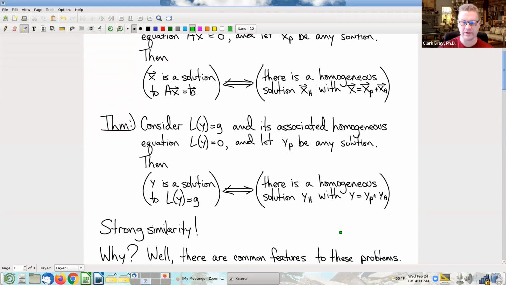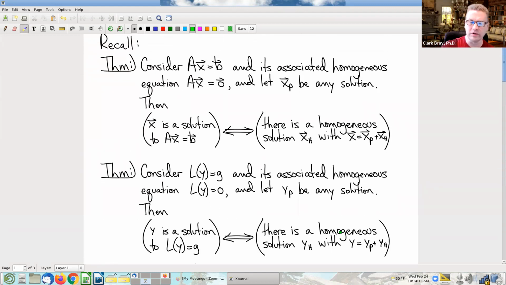So going back up here to see what we're talking about, in the domain, we're looking at vectors in Rn. Here, we're looking at vectors in a very different vector space of functions. So yes, different, but they have in common that both of these are vectors in a vector space.